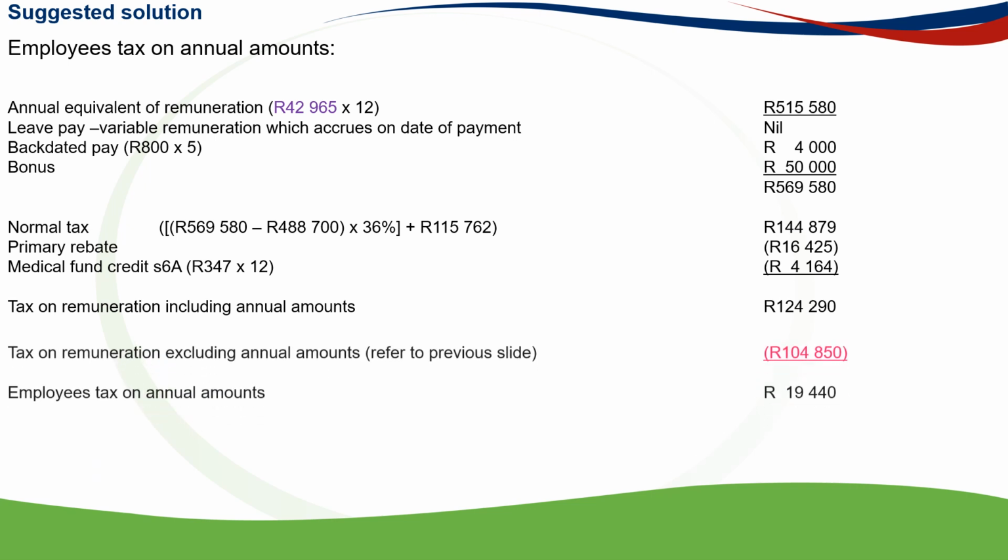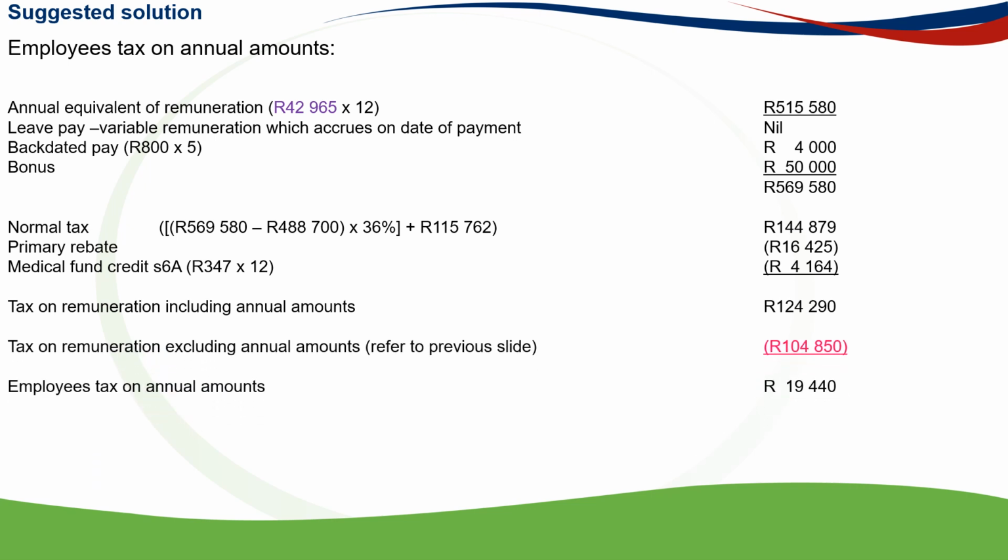From there we deduct the tax on the remuneration excluding the annual amounts. So that was the previous calculation we did. That was 104,850. And then we know what is the employee's tax on the annual amounts. It is 19,440 Rand. So that's how we calculate it.